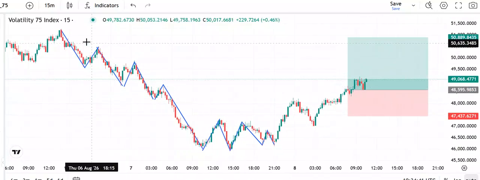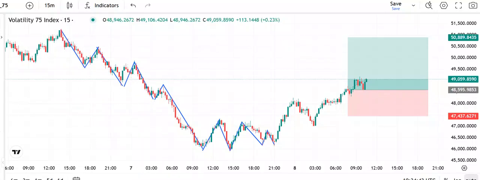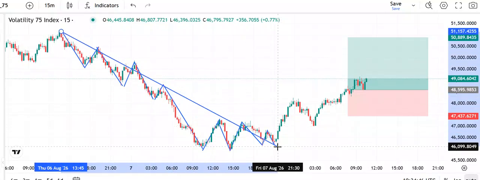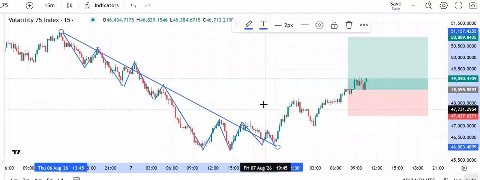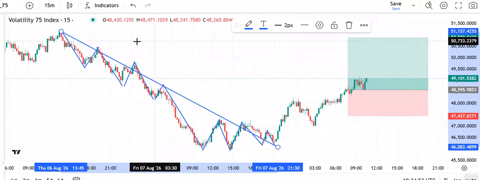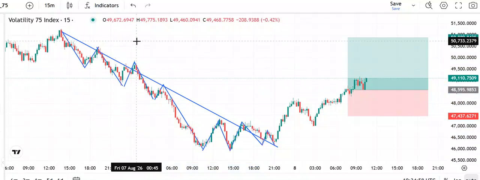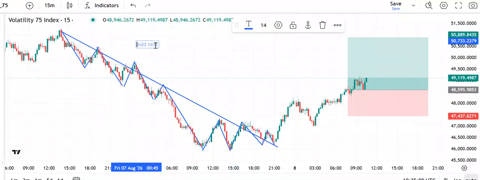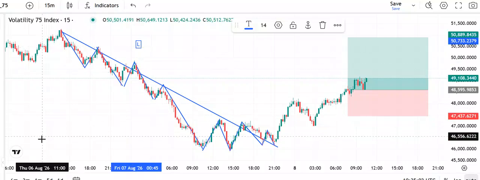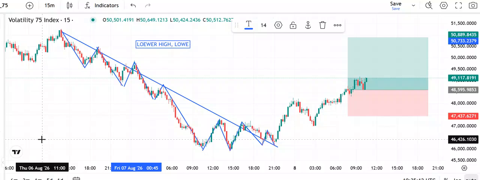So as at this level, from here down to here, we had downtrend. For downtrend, you have lower high, okay, and lower low for downtrend.